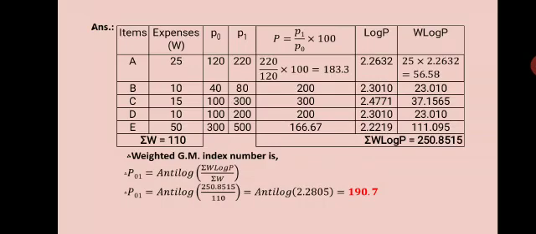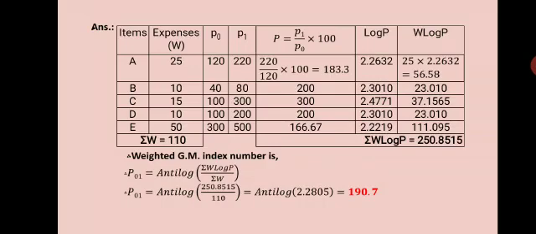Then 15 into 2.4771 we will get 37.1565. Next is 10 into 2.3010 we will get 23.010. And the last is 50 into 2.2219 we will get 111.095.